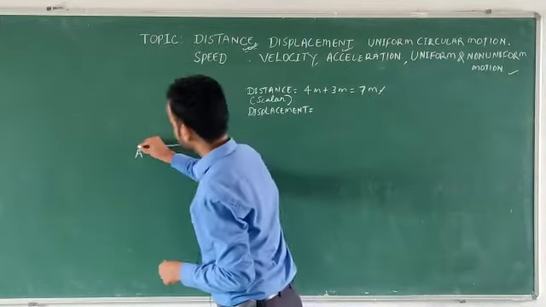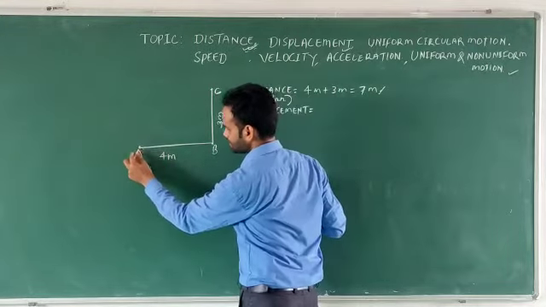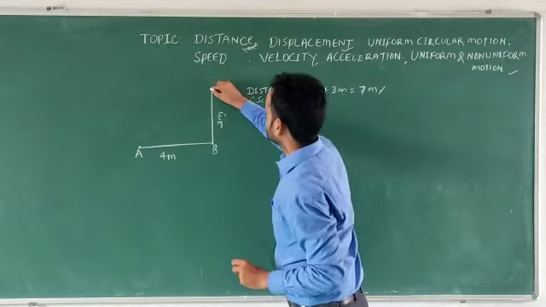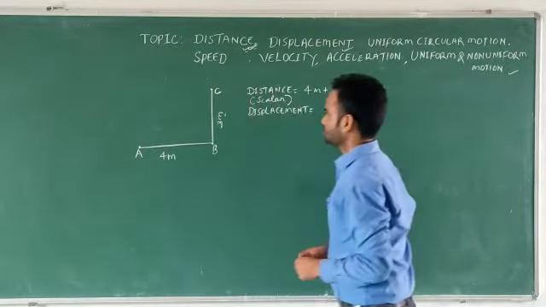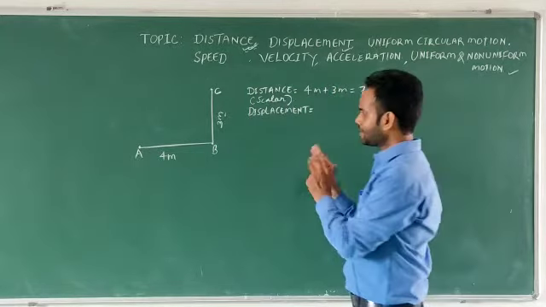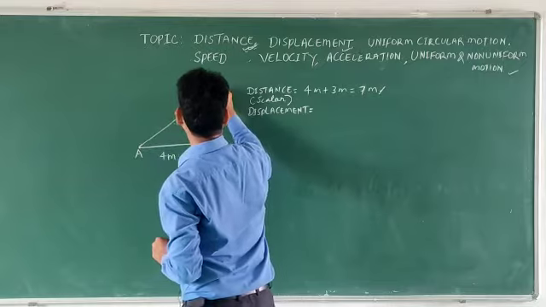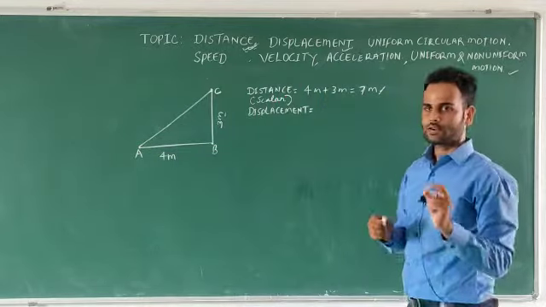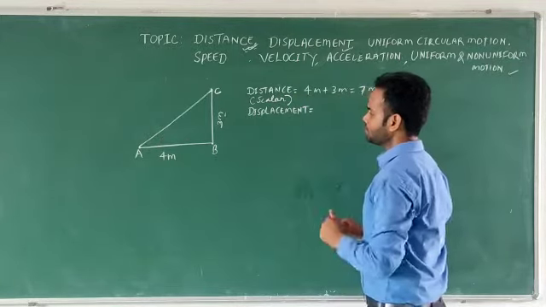So here the initial position from where somebody starts its journey is A, and where it finished its journey is C. So C is the final position and A is the initial position. So the shortest distance would be a straight line here in this case, because we need to find the shortest distance. That is why we are adding a straight line here from A to C.